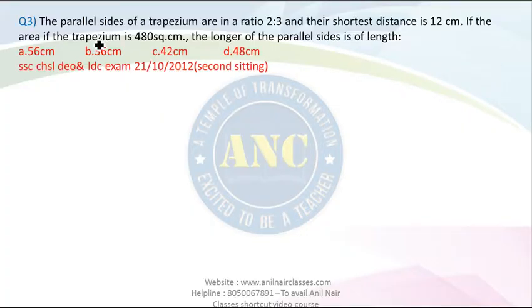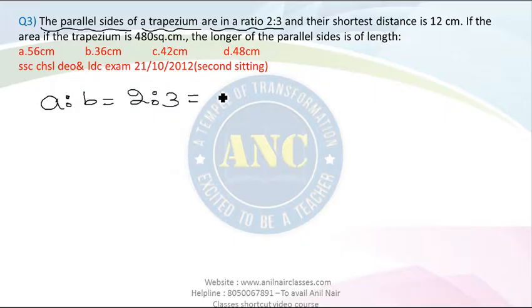Question number 3. The parallel sides of a trapezium are in the ratio 2:3. Okay, let us understand. A is to B is given in the question as 2:3. Beautiful. So I can call this 2:3 also as 2x is to 3x, and their shortest distance is 12 centimeters.